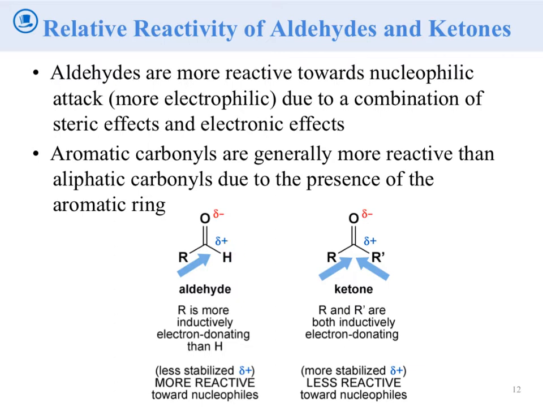Because an aldehyde only has one of those possibilities, because it has an H on one side, it's only one bond away. An aldehyde is necessarily more reactive, because when you push electrons towards something, that makes it less delta plus. You're pushing electron density towards it. That makes it less reactive, less electrophilic.